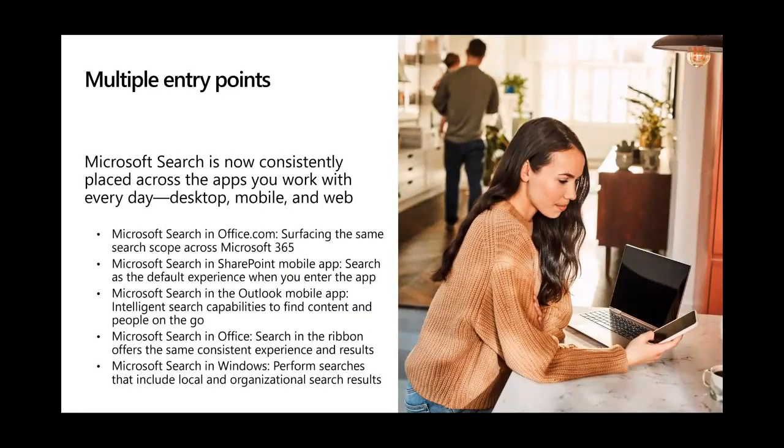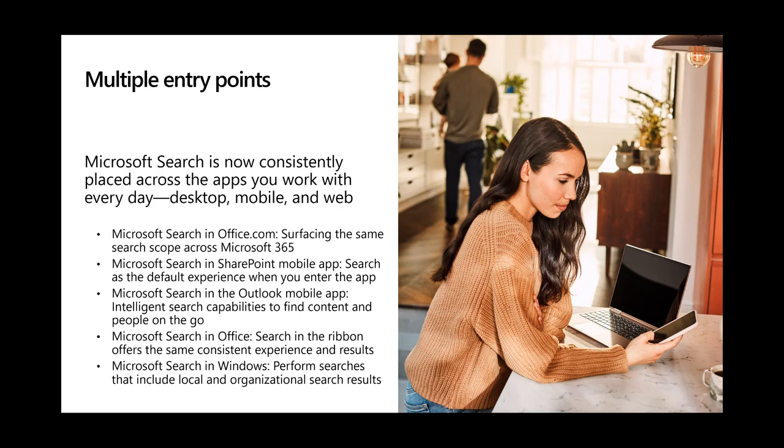So let's first talk about these multiple entry points. As I mentioned, Microsoft Search is designed to be a coherent search experience across all of the variety of endpoints we talked about a moment ago. Whether you execute your request in Bing, or you execute your request in Office.com, or the Office applications themselves, or even within SharePoint and SharePoint's mobile apps, we have a number of different entry points.